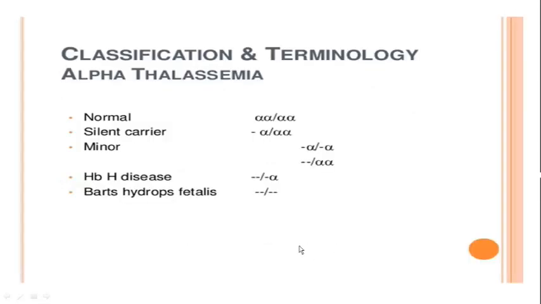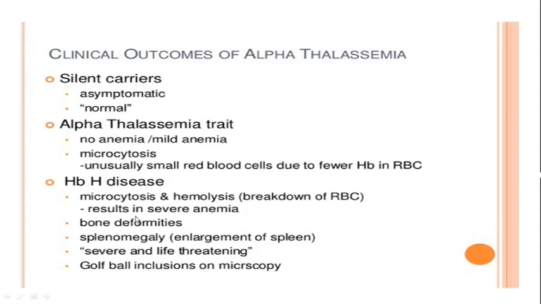And you can see the classification. As you can see, this is the basic classification. Normal is alpha alpha alpha alpha, silent when you have 1 gene gone, and minor is when 2 genes are gone, HbH when you have 3 of the 4 genes gone, and Bart's hydrops is 4 genes. And actually, as you'll see, silent carriers are usually asymptomatic.